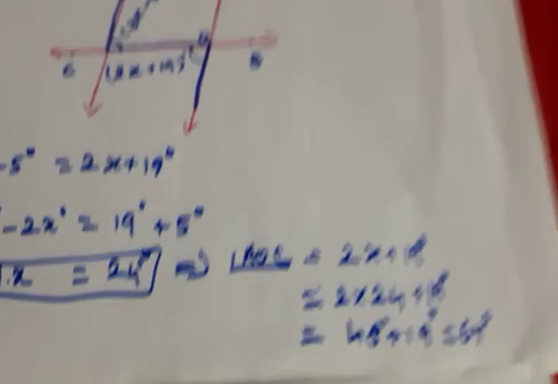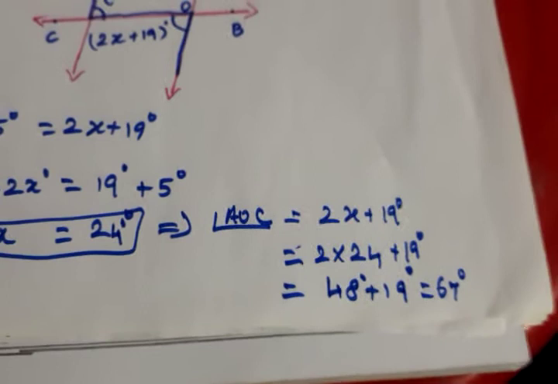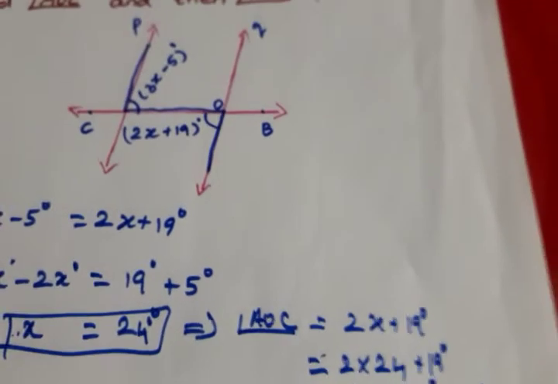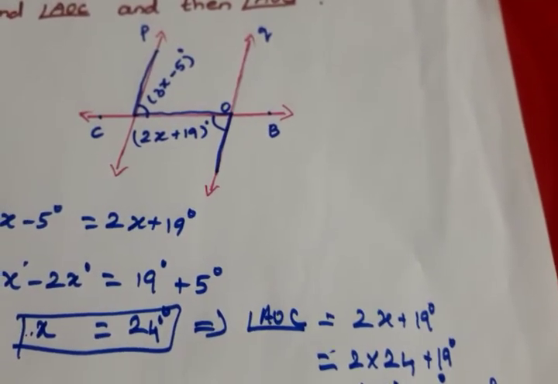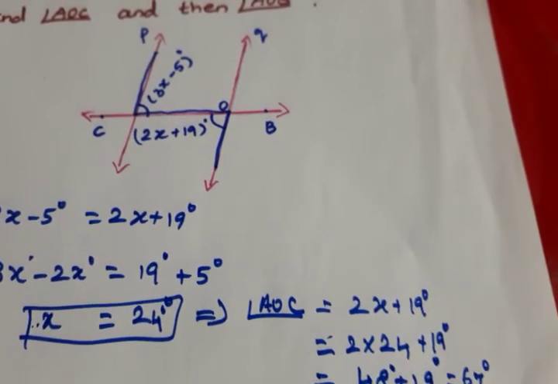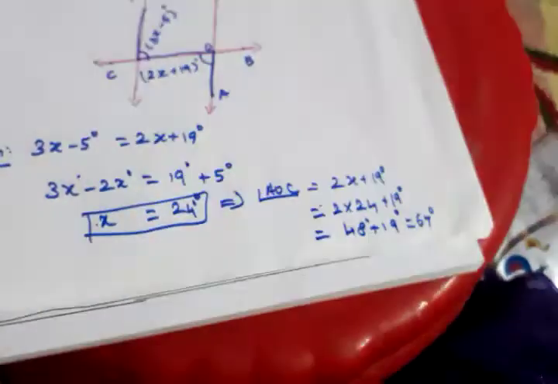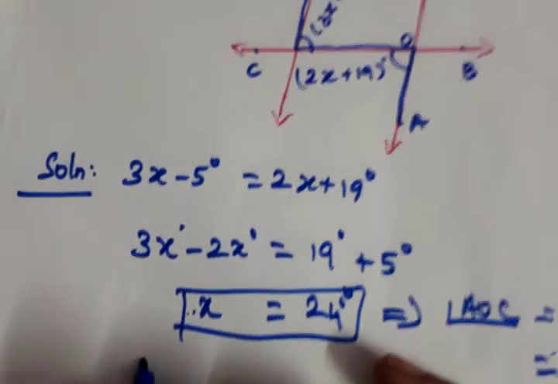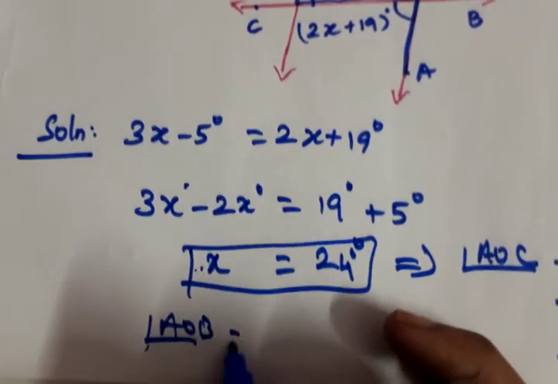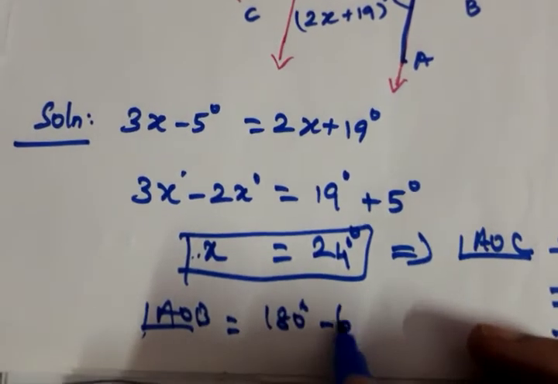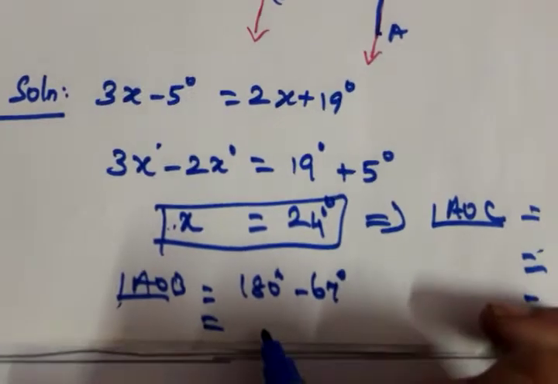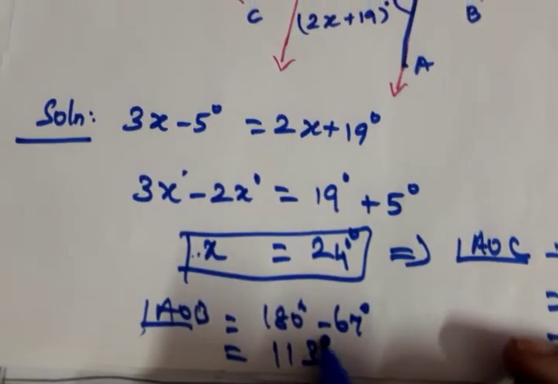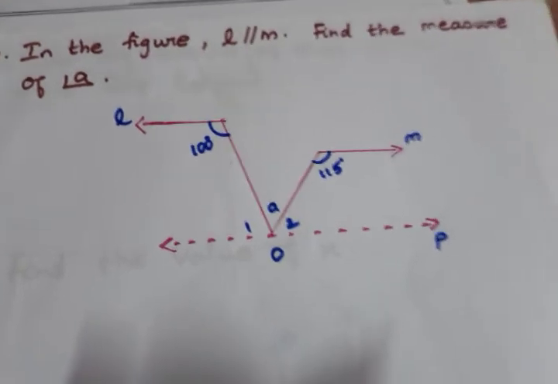So angle AOC is 67 degrees. Then angle AOB: the sum of the angles is 180 degrees, so angle AOB equals 180 degrees minus 67 degrees. We got a value of 113 degrees. Do you understand?